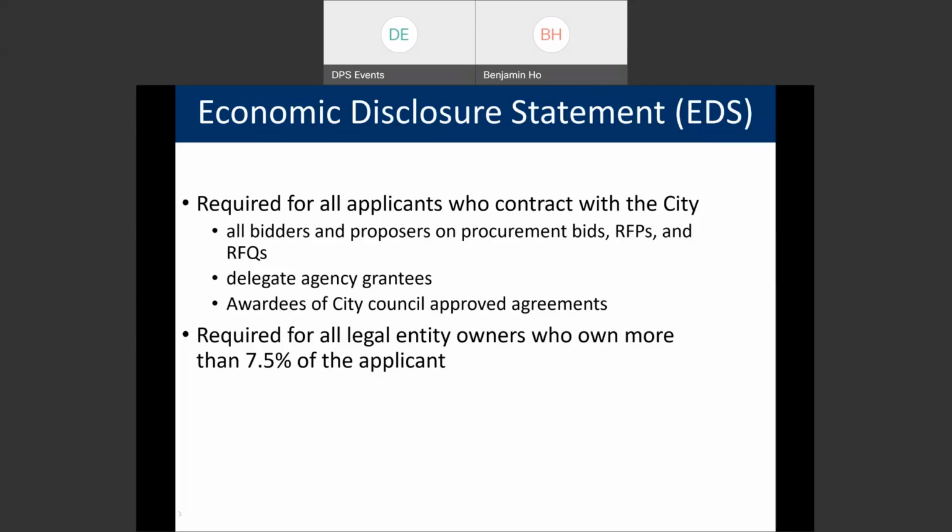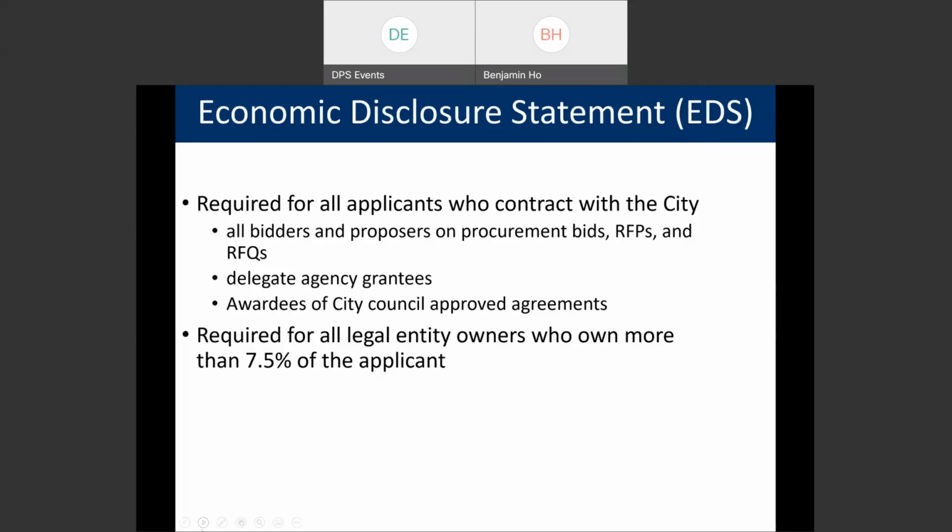In this case, if you are looking to seek city business that you have not had before, you will need to bid on city contracts that are announced, as Jackie mentioned earlier in the introduction. And EDSs, or economic disclosure forms, are required for all such bids.